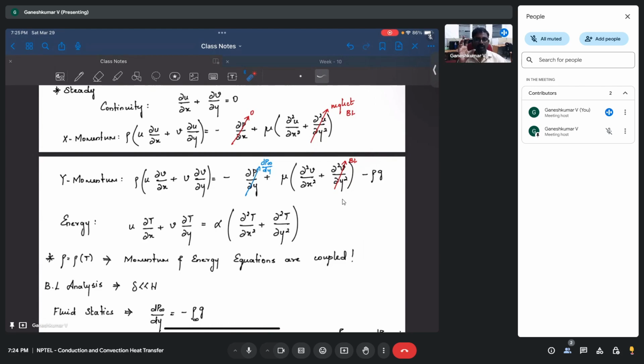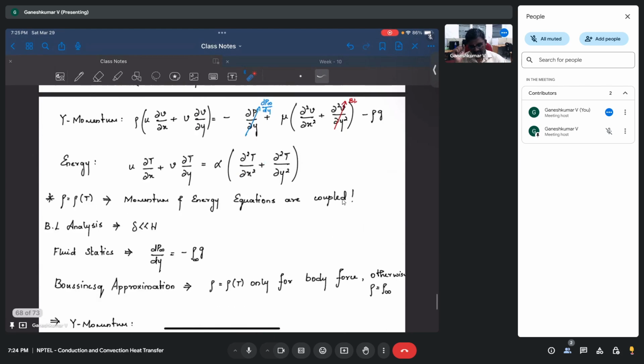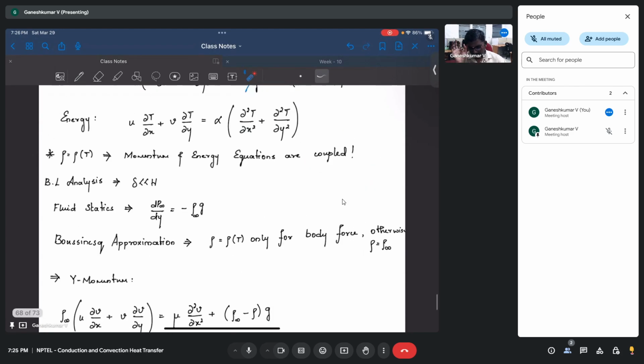Till now, in the momentum equation that you solved for forced convection, you did not have gravity, but here gravity is one main driver of the flow. That is why you have a gravity term, and then you have an energy equation. Again, we are ignoring viscous dissipation here.